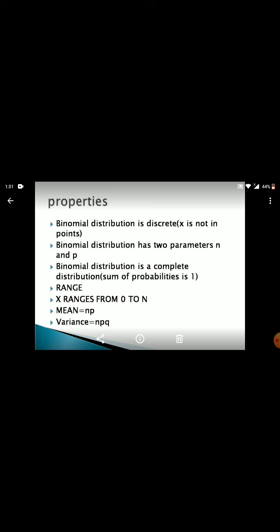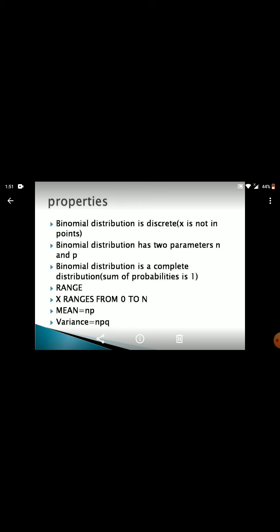Discrete in the sense that X cannot take values in points or fractions. For example, if you have given 10 papers, you can pass in 1, 2, or 0, but you cannot pass in 1.5 papers or 2.67 papers. Or if you are tossing a coin, you cannot have 2.6 heads.